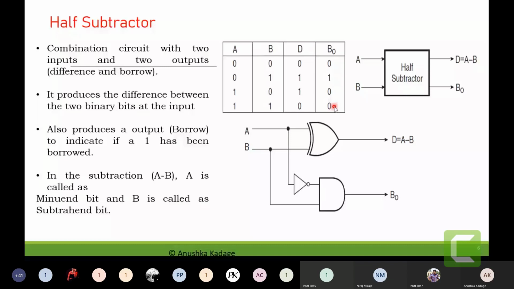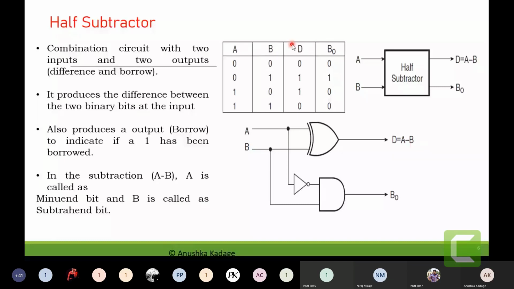Now let's look at this difference column. If I observe this output behavior, it is similar to the XOR gate, and that's why for representing this difference operation, I have to do the XOR implementation. For that, A and B will be the specified inputs, and this difference we are representing as D is equal to A minus B. We have not done the operation of B minus A here.